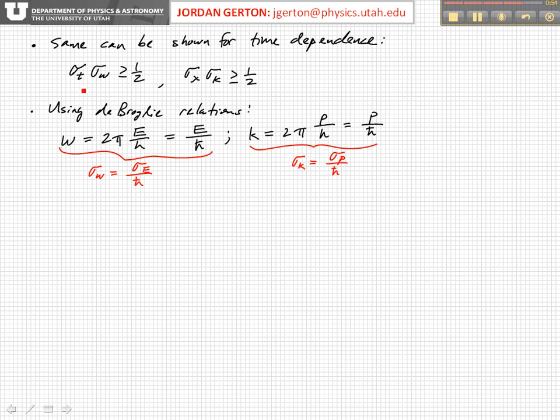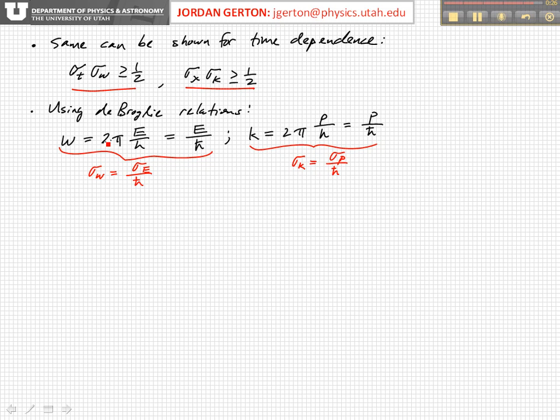Okay, so now we have these two uncertainty relationships, very analogous to the ones that we got for two arbitrary harmonic waves in the previous lecture, except now we're talking about Gaussian wave packets, and so this provides a lower limit on the product of the two uncertainties.